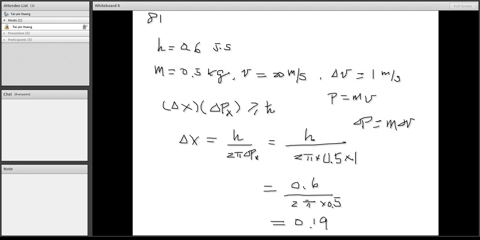So I think if we want to be rigorous, we need to keep that greater sign. So your delta x has to be greater than or equal to 0.19 meters. Okay, so that's basically it. I'm going to stop the recording.